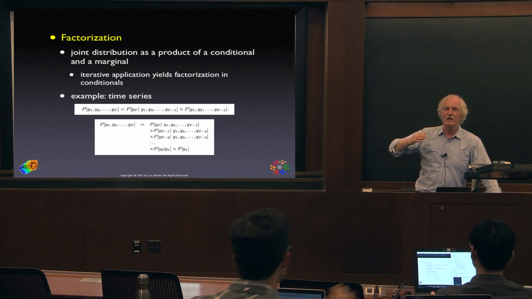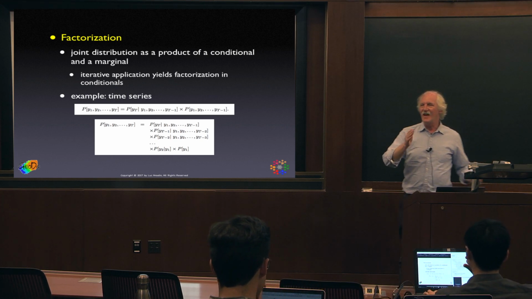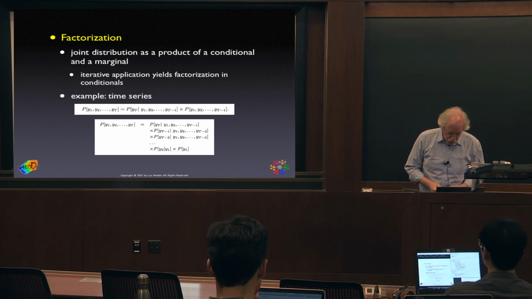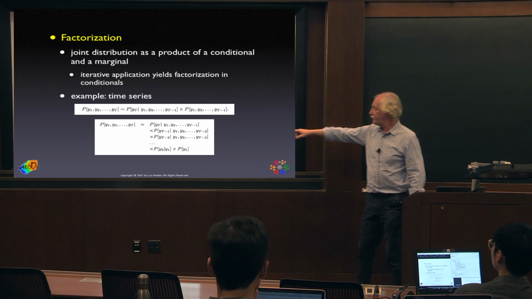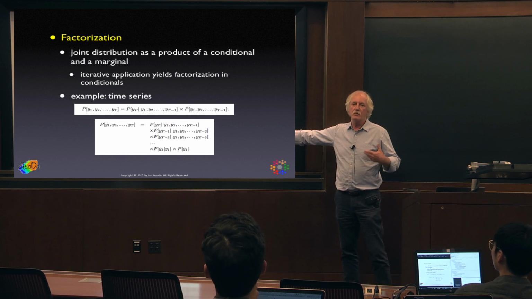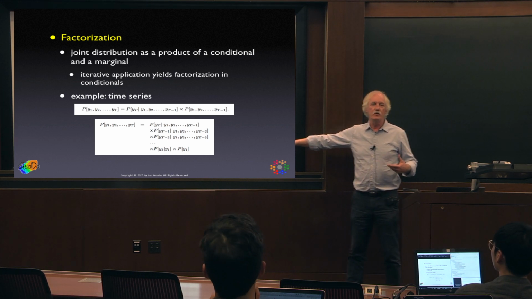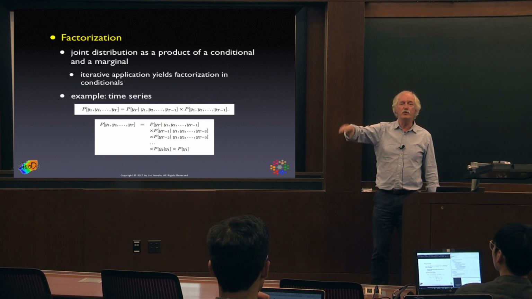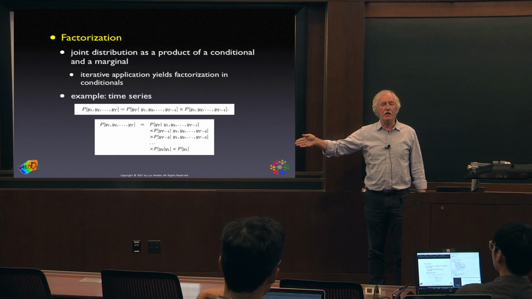And then you keep going to the past until you end up with the starting point, which is time 1, right? So you have the probability of point 1. Then you do the probability of point 2 given what you saw yesterday.